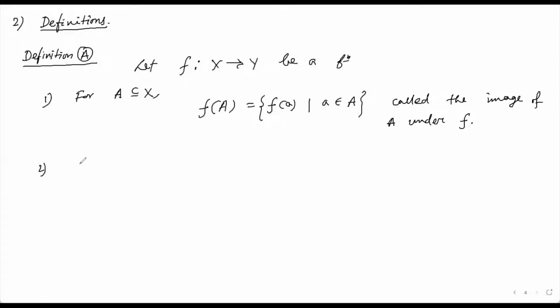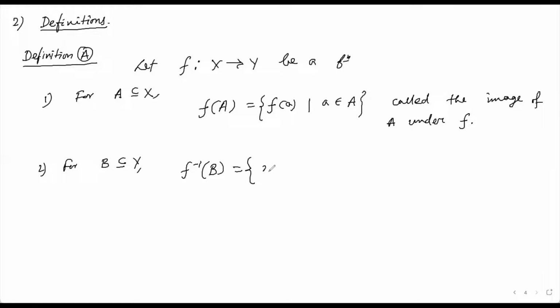Second item, for B a subset of Y, we define f inverse of B. This is equal to the set of points in the domain X. So X is the domain and Y is the codomain of the function f.